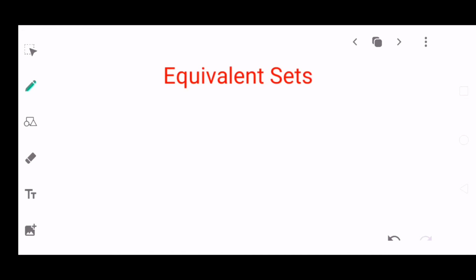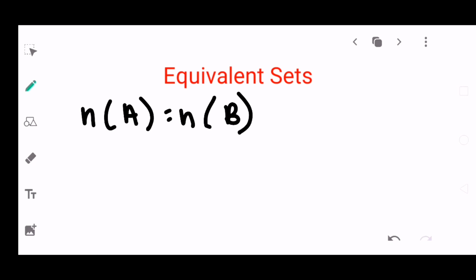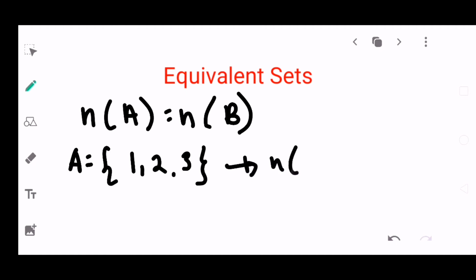For equivalent sets, two sets are considered equivalent sets if their cardinality are equal. So let's say, for example, the cardinality of set A is equal to the cardinality of set B. Let's say set A is the set containing 1, 2, 3. So therefore, its cardinality is equal to 3.